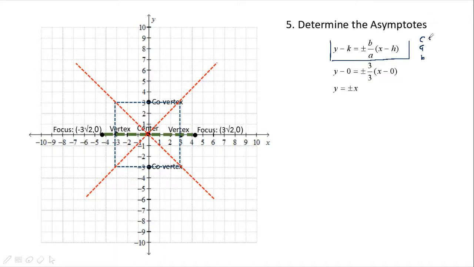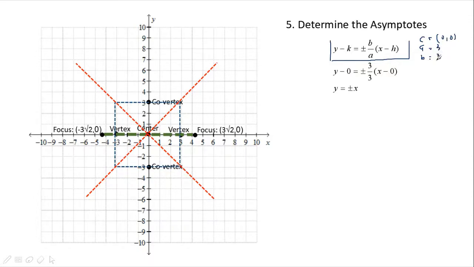According to our problem, our center is at the point of origin, so that is (0, 0). And our a and b are both 3. So we will just substitute these.